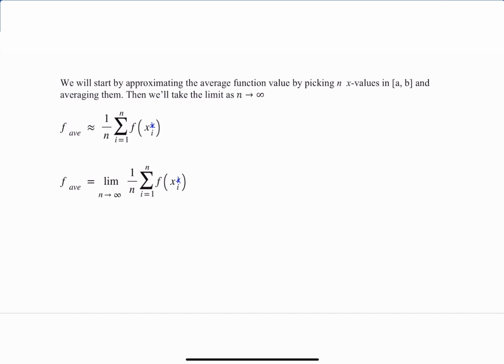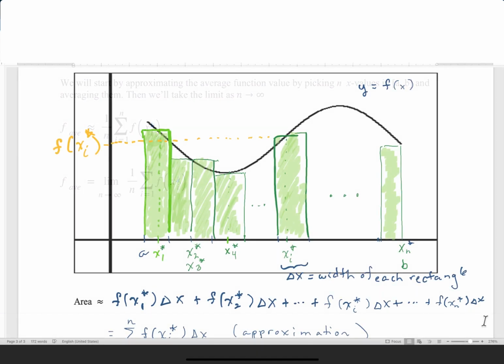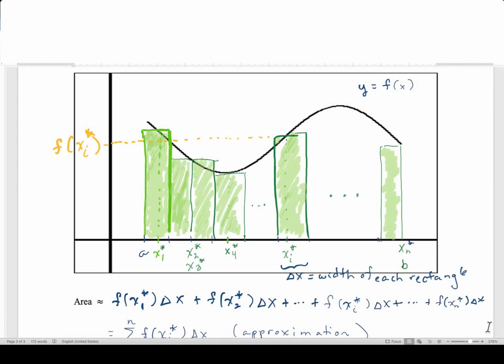Now, if this seems kind of familiar to you, if it's reminding you of what we did when we first developed the definite integral, you're right. It is very similar to that. In fact, let's take a quick look back at what we did there. I think that'll help us understand what's going on here. Back in section 5.1, we were trying to find the exact area under a curve and above the x-axis.